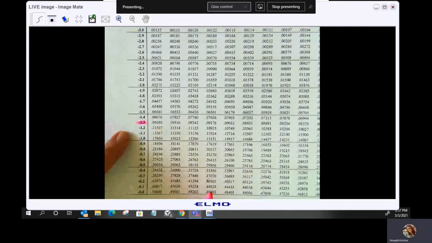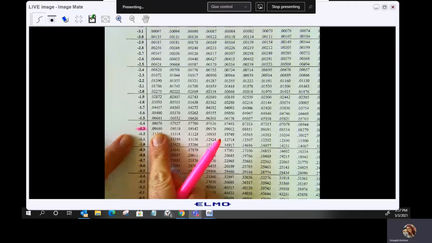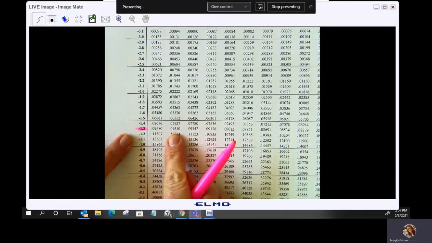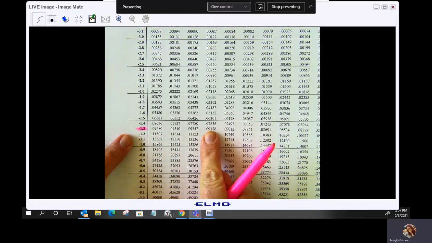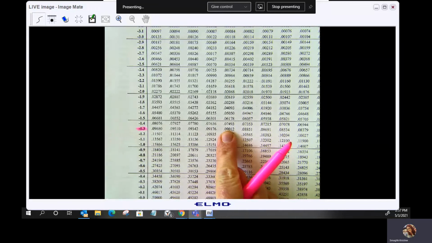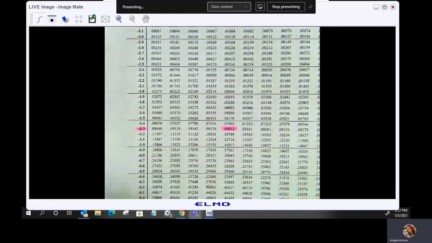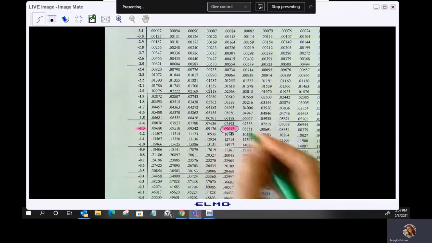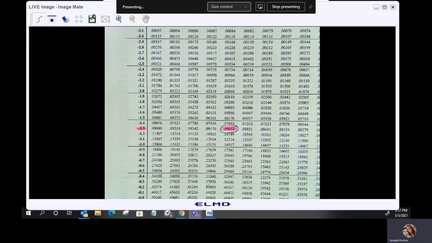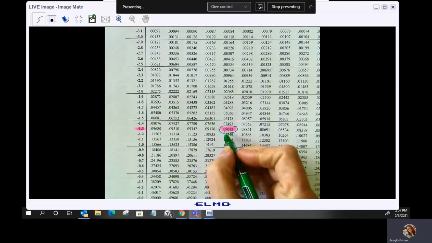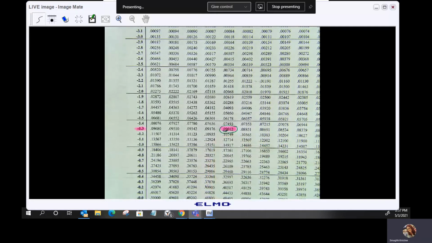This is the 0.00 column, 0.01, 0.02, 0.03, 0.04. So it is right here. This is the percentage. Now, don't forget, this is a decimal. If you go decimal to percent, you move the decimal 2 places over. I'm at 9%.